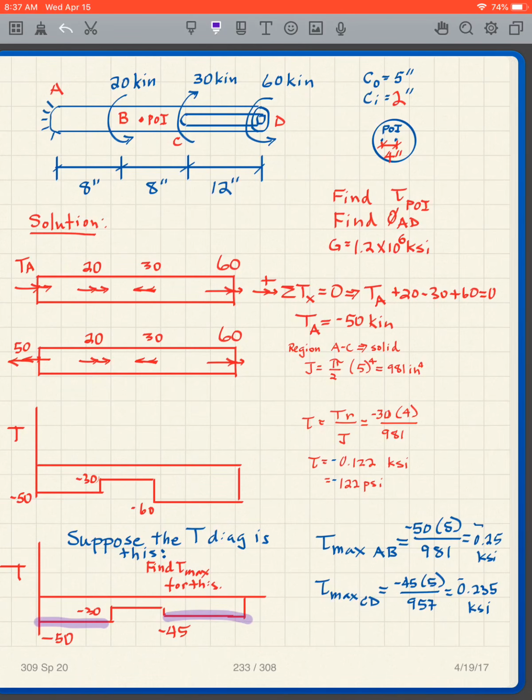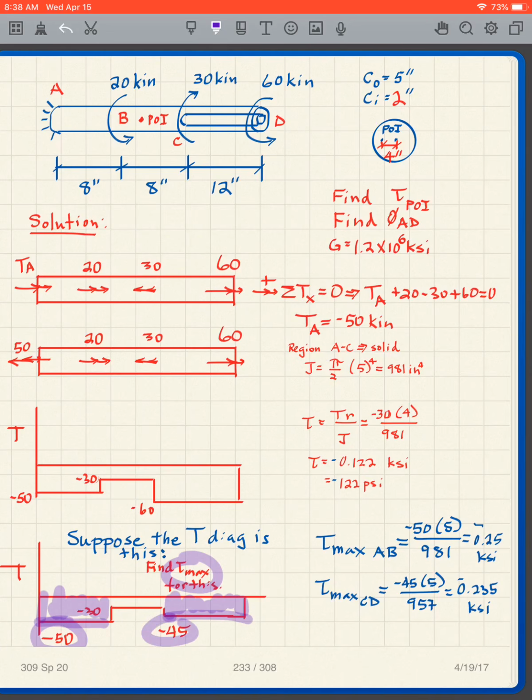If I'm looking for tau max, what's the problem? It may not be here. Why? Because the shaft is solid in this region. The maximum may be in here because the shaft is hollow. So I have to double check. These two numbers are close, right?